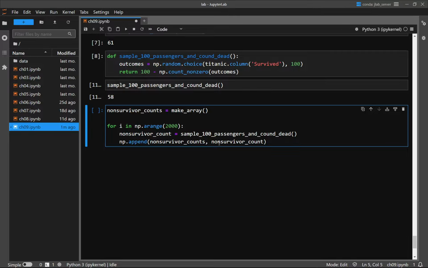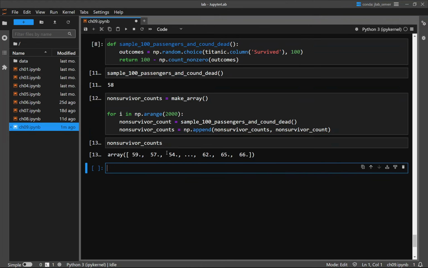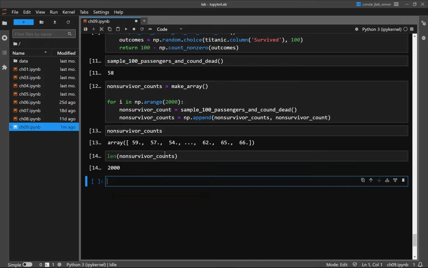And np.append does not change anything. So if I want non-survivor counts to get bigger, I have to assign it back into it. And so if I do that 2,000 times, now I have 2,000 elements in my non-survivor counts array. 2,000 non-survivor counts, unfortunately. It really did get filled up with 2,000 things.